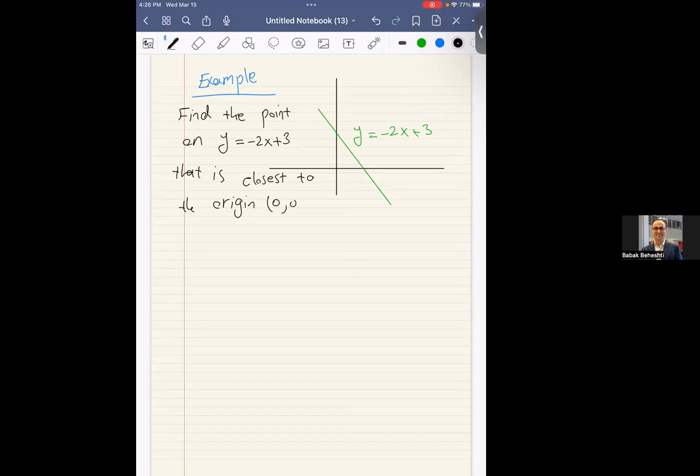Origin, I mean the point 0, 0. So I want to find a point on this line that is closest to the origin. So you know that intuitively, the closest point should be perpendicular, right?